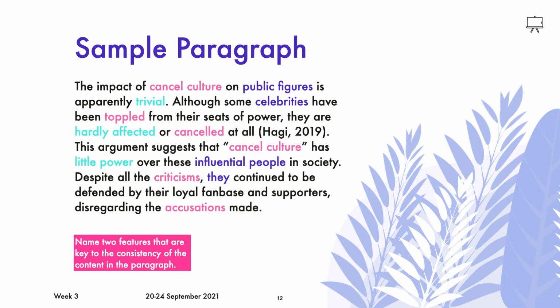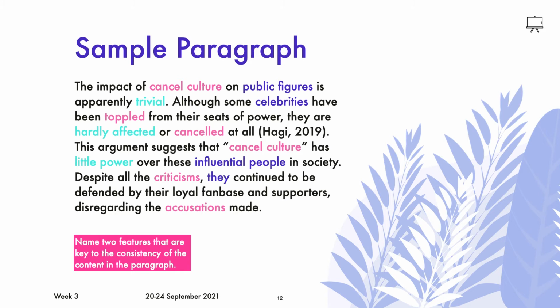Look for the similarities of these keywords and tell me about the characteristics of consistency in the paragraph. So for example, for the words in violet color, you have public figures, celebrities, influential people, and they. So in what terms are they similar?